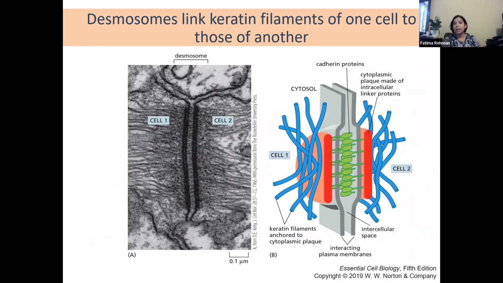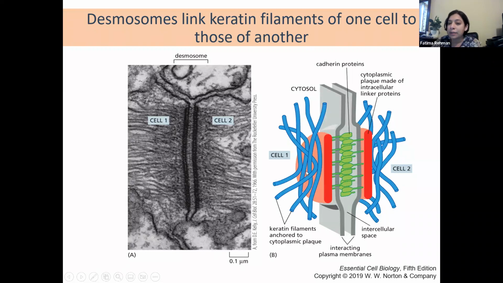On the other hand, desmosomes work differently. Okay, so in desmosomes, you are going to link keratin filaments of one cell to the other using the adherent proteins as, again, the binding partners. So in this case, you have the adherent proteins at the cell surface, and they're all clustered together in the cytoplasmic plaque that is made of intracellular linker proteins.